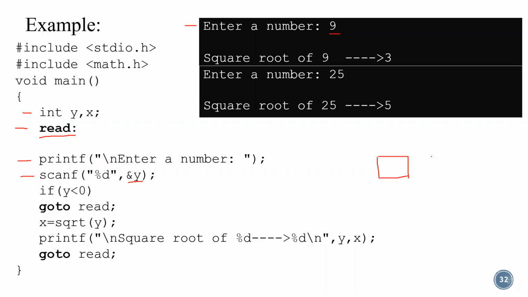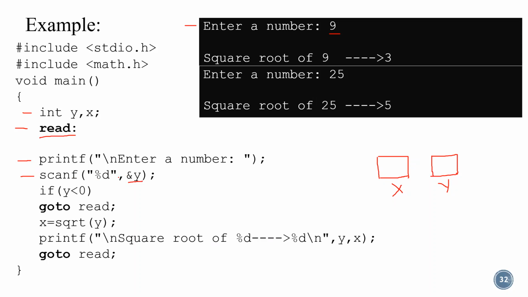When we declare integer variables, we are allocating two different memory locations. One is labeled as x and the other is labeled as y. Each one will have a numerical address, and in order to access that numerical address, we use the ampersand symbol.